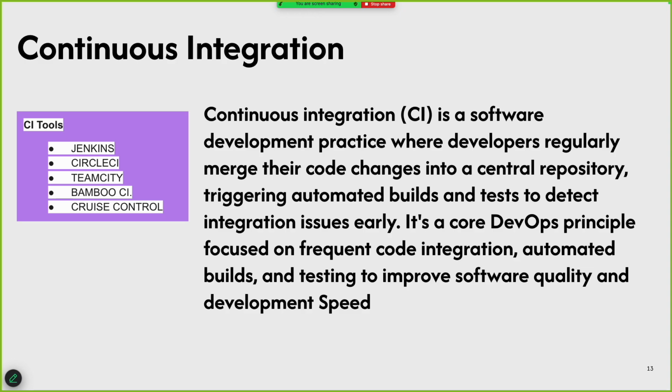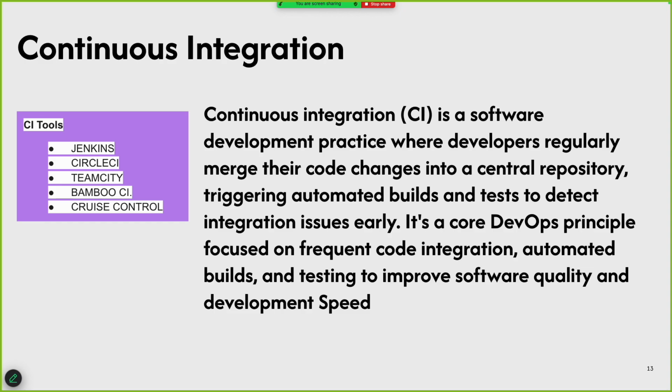Okay, so here in this continuous integration, all the code that developers are merging into the repository will trigger a build. Okay, what Jenkins or the other CI tools do is it will go and read that code and start building the tool. Okay, so after it builds, it will test it.